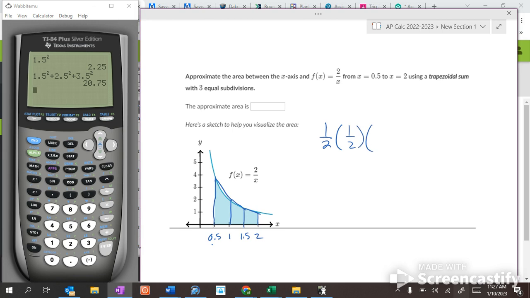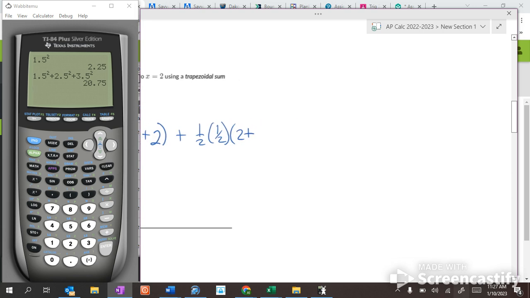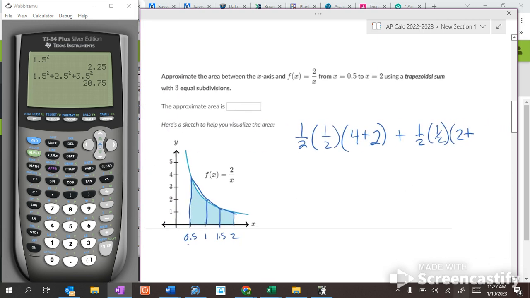What's 2 divided by 1/2? 4, plus, what's 2 divided by 1? 2, plus 1/2 times 1/2 times 2 plus, what's 2 divided by 1.5?